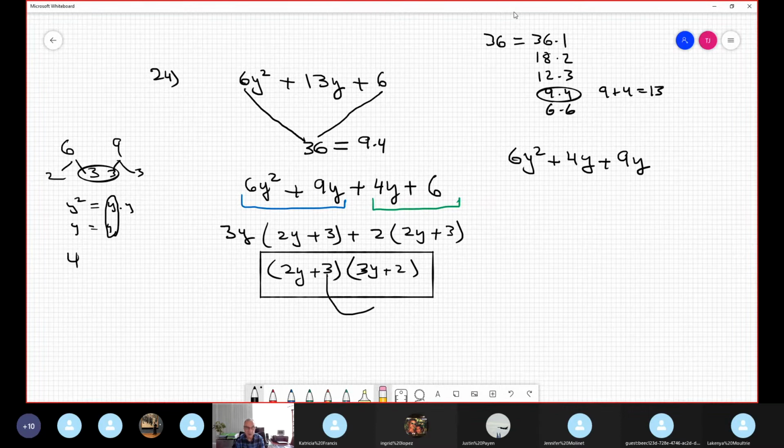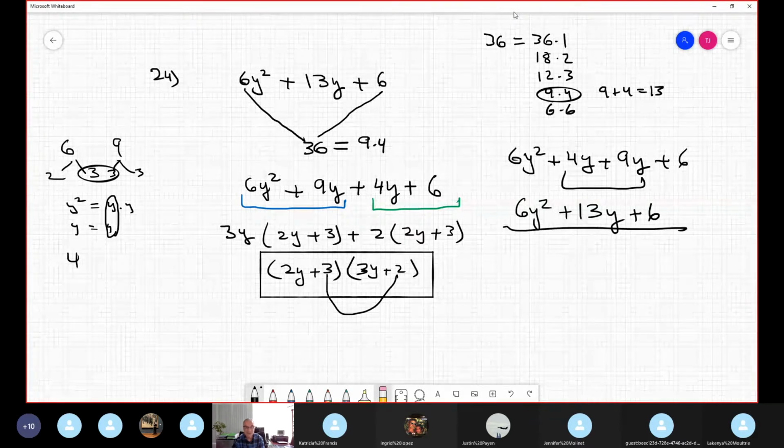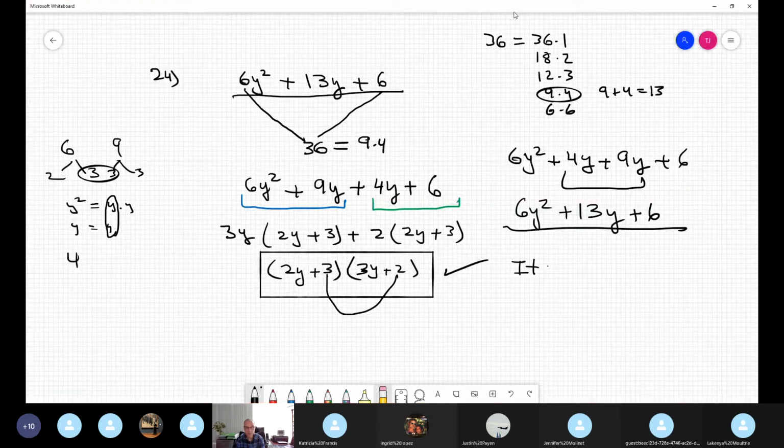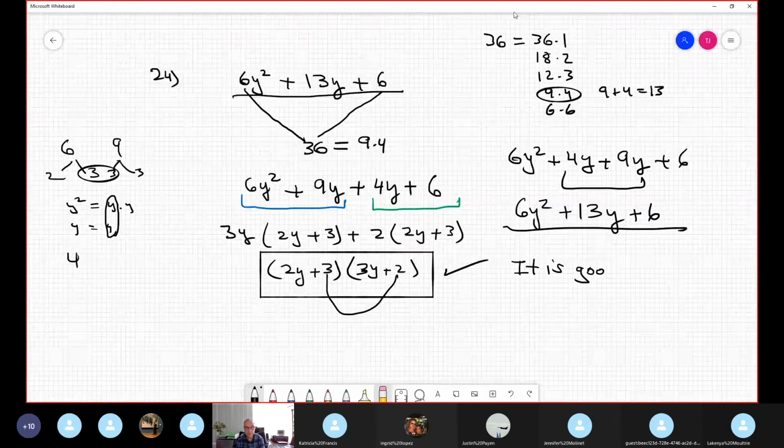And the last one is 6. When you combine, 13y. And we come back exactly to the beginning. Therefore, the factorization is good. Any question?